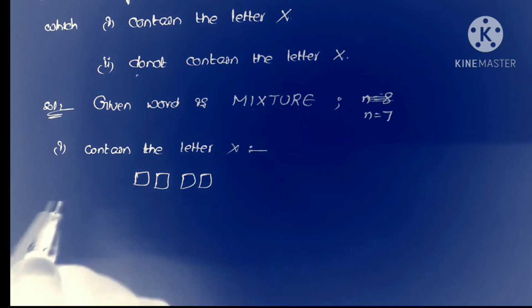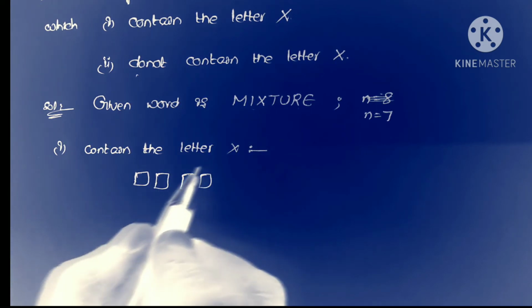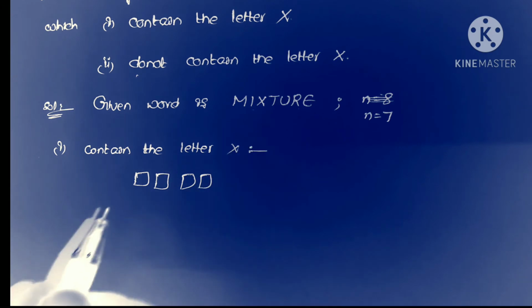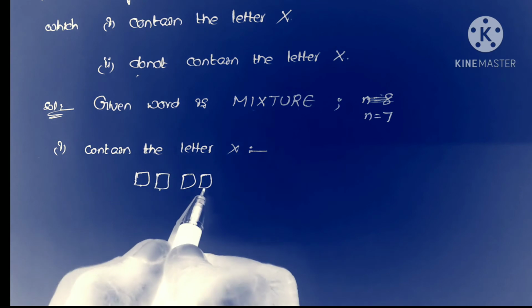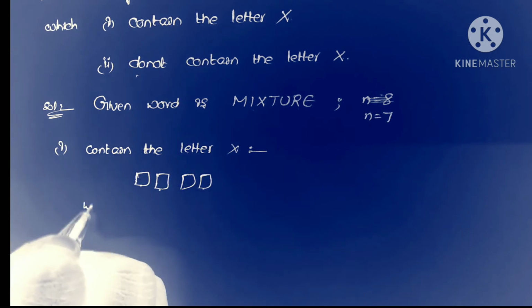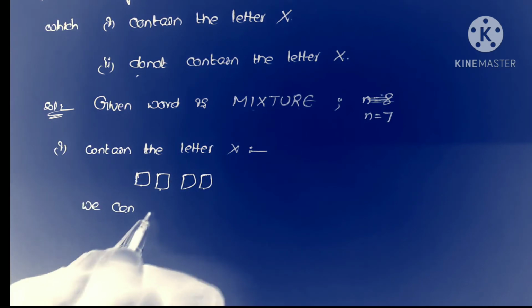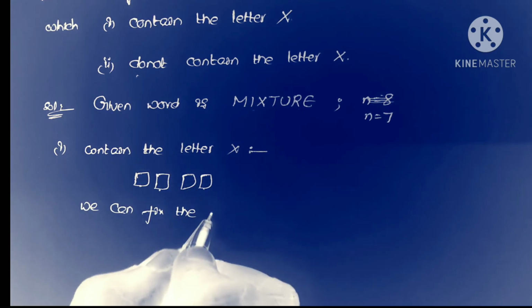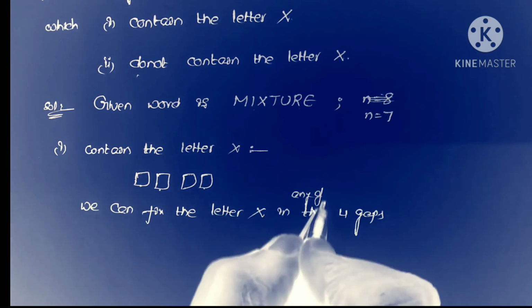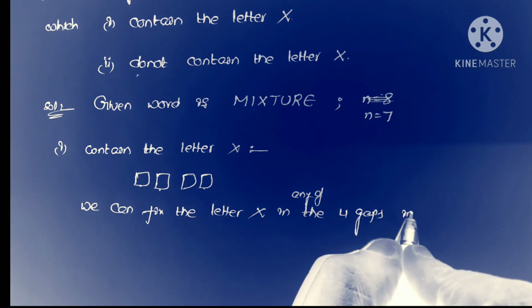So contain the letter X means first we can fill the letter X in the gaps, either in the first gap or second gap or third gap or fourth gap. That is, we can fix the letter X in 4 ways.